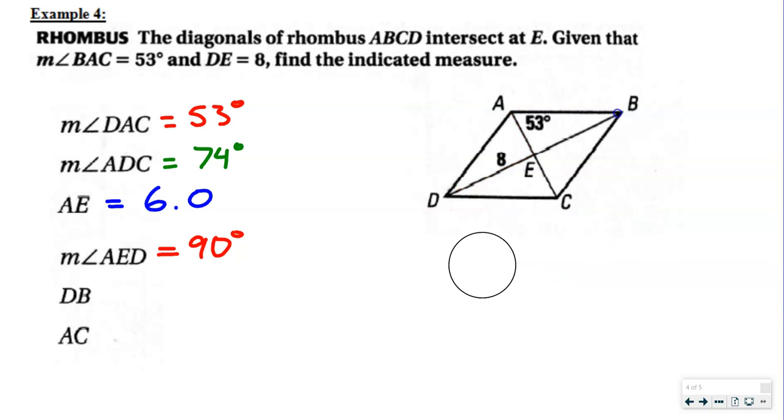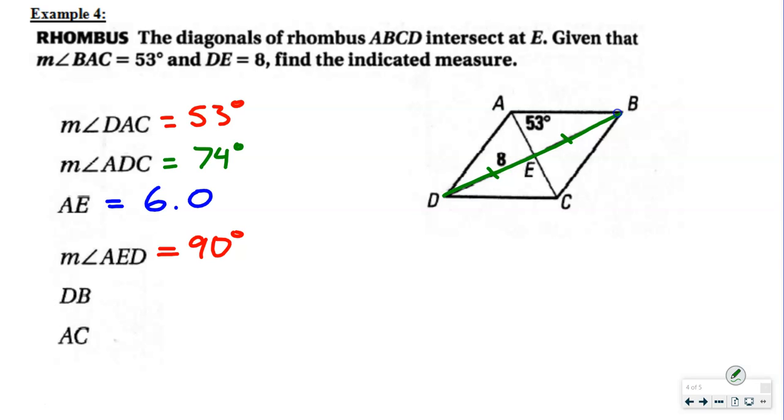Okay, next we're looking at DB, segment DB. That's the entire diagonal there. I know my diagonals bisect, so AC bisects DB. So I know those two sides of that diagonal are congruent.